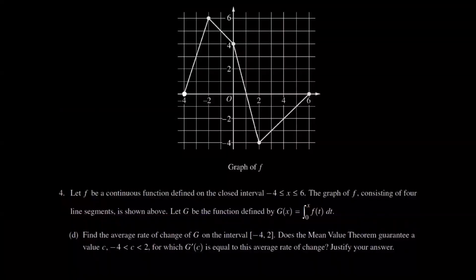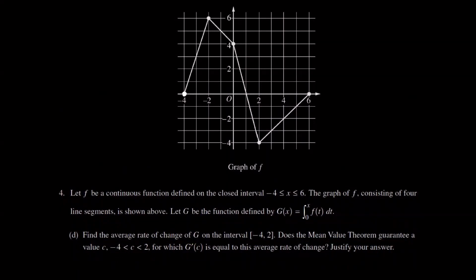In this question, we need to find the average rate of change of G on the interval from negative 4 to 2. And then we need to see whether the mean value theorem applies and guarantees that there is such a value C from this interval for which G prime of C is equal to the average rate of change.